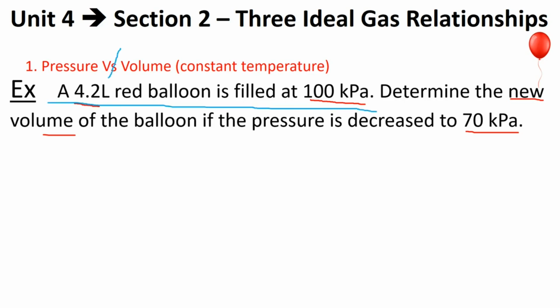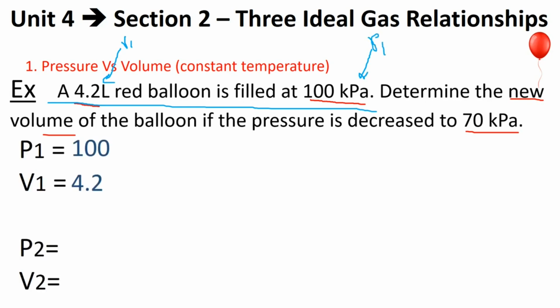Now let's identify this here. This in liters must be a volume, and since it's the first one we came across, we'll call it V1, and kilopascals is a pressure, so this is going to be our P1. So let's go ahead and fill those in. It goes on to say determine the new volume, so that'll be what we're going to calculate, and we have it decreased to 70 kilopascals.